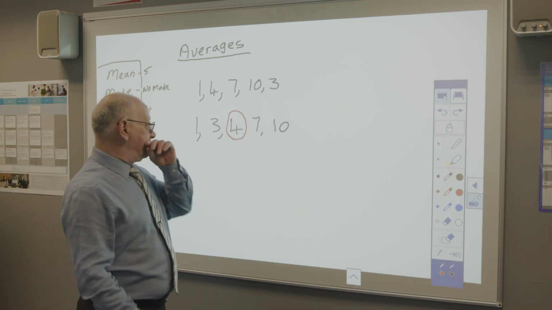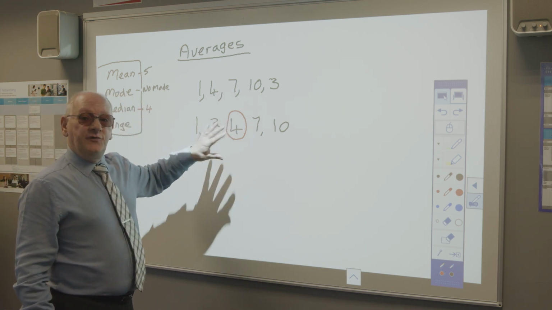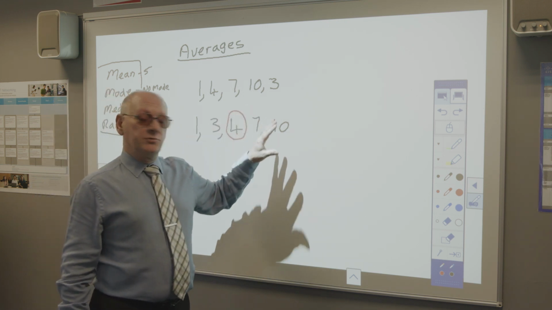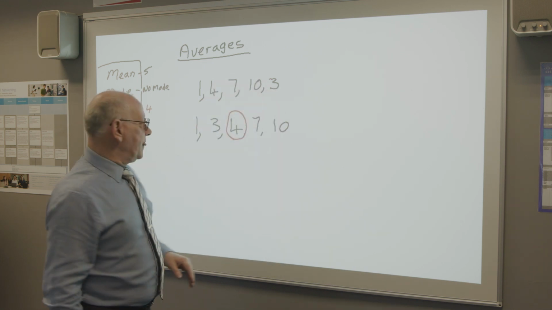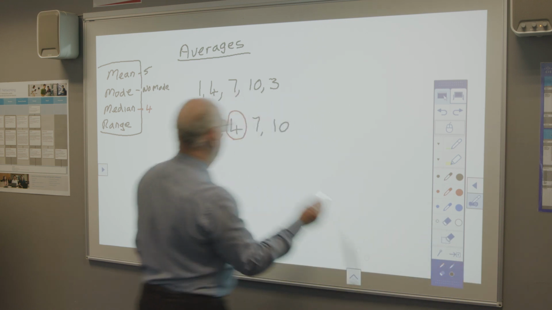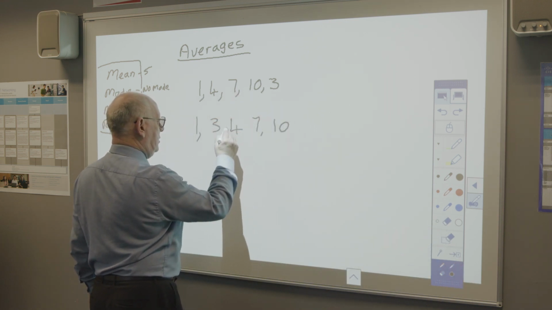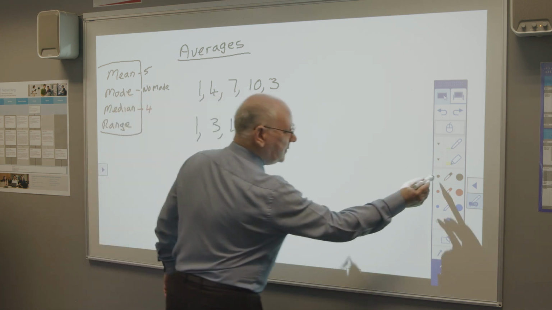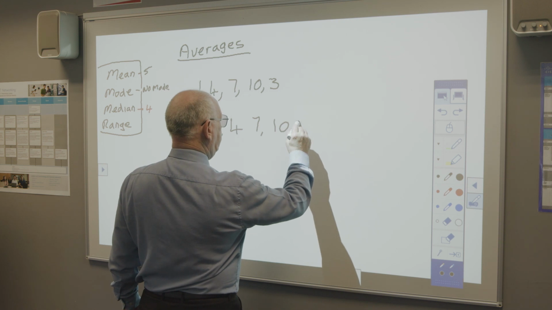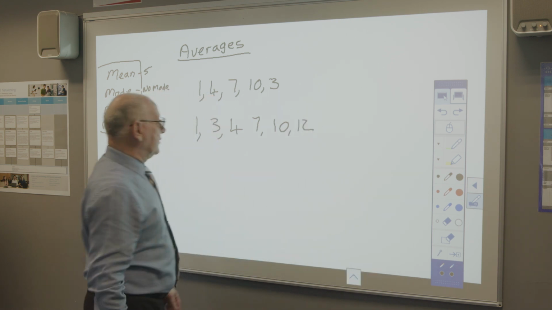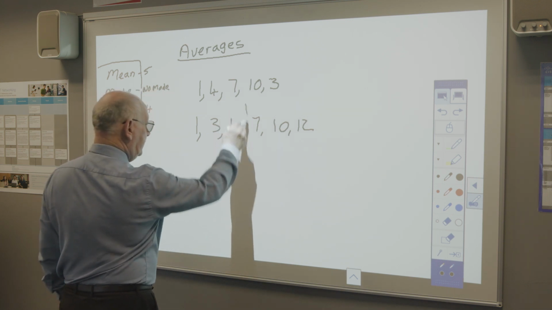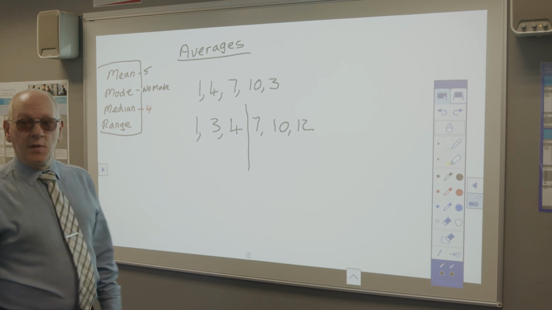But we've only got a definite middle number because we've got an odd number of numbers. We've got 5 numbers in our list. If I added another number, say 12, just for the sake of argument, now we haven't got a definite middle, because the middle is between two numbers.